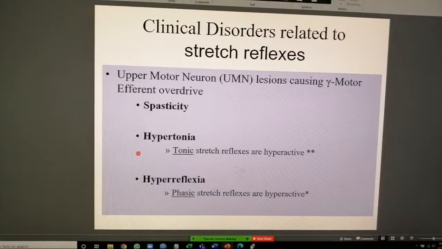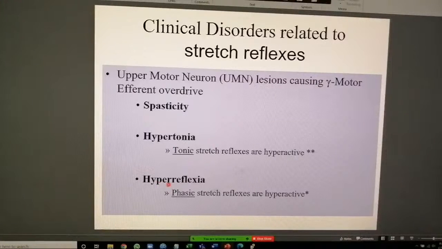We just call it tone or tonus of the muscle. So all of our muscles are in a condition of tone, which is normal. However, any increase in that tone due to gamma efferent or muscle spindle issues, we call hypertonia.